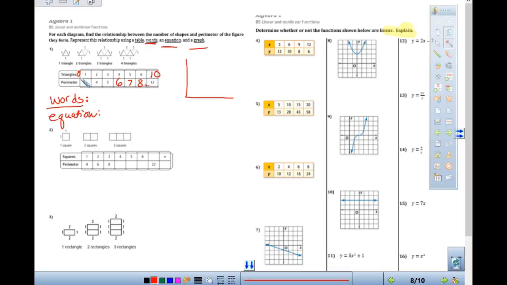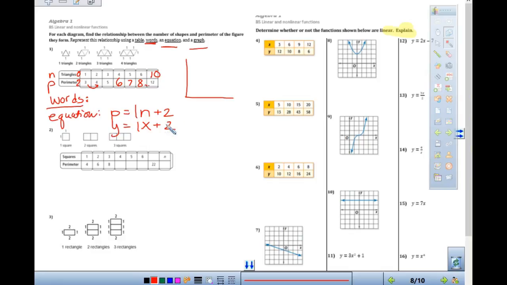It really isn't going to be 0, but it's going to be 2. So my equation is going to be that the perimeter is equal to, how much is it going up by each time? 1 times the triangle, where I'm going to use N for triangle, P for perimeter. Could you use Y and X? By all means, Y equals 1X or 1N. But we started off at plus 2.